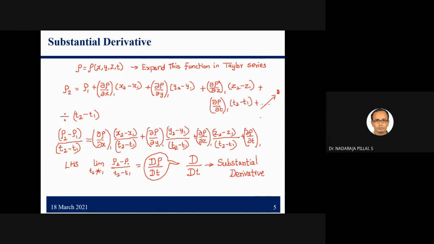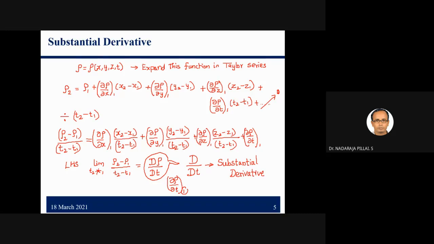So this is what the substantial derivative is. Now let us say this D rho by Dt and dou rho by dou t at point 1 is different, right? So dou rho by dou t is the time rate of change of density at a fixed point 1, right? At a fixed point 1.